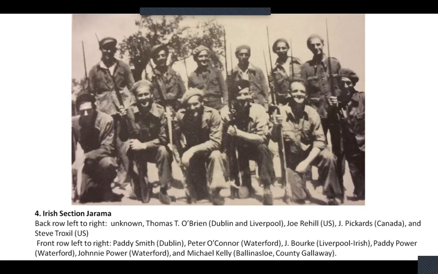And this is a moment when the Irish section of the International Brigade actually formed their own unit, and it was called the Connolly Column. Not all Irish people joined it, and of course, as you can see, not all of them are Irish from Ireland.